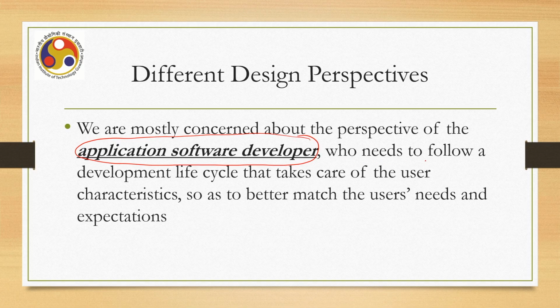So, for such a developer, the developer needs to follow a development life cycle that takes care of the user characteristics, so as to better match the user's needs and expectations. So, when we are trying to build a software, say for example, a VR system or an AR system, that is a software. So, we need to follow a particular development life cycle or design life cycle.